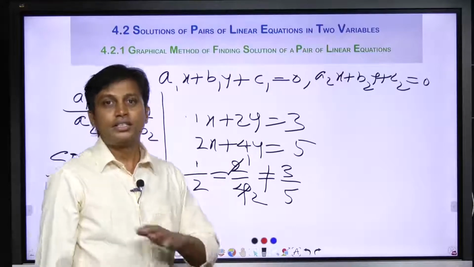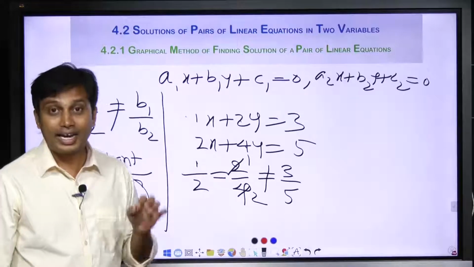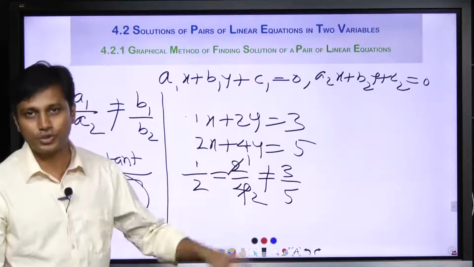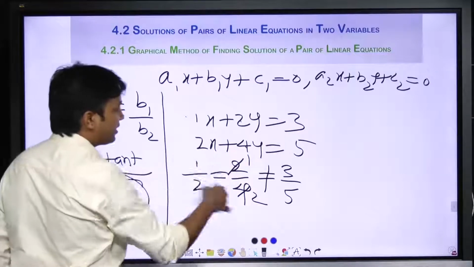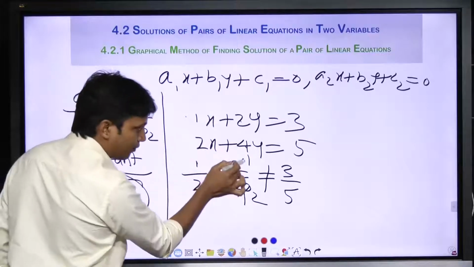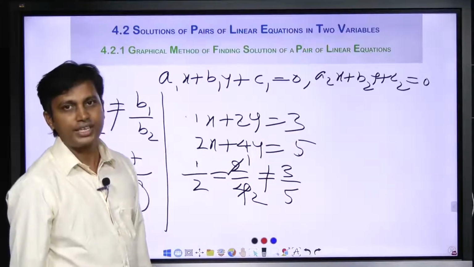So there is no solution at all, means zero solutions. I didn't say 0 as a solution; 0 is the number of solutions, means no solution. So what is the test of checking here? The ratio of coefficients of x is equal to the ratio of coefficients of y, which is not equal to the ratio of constants of the given equations.